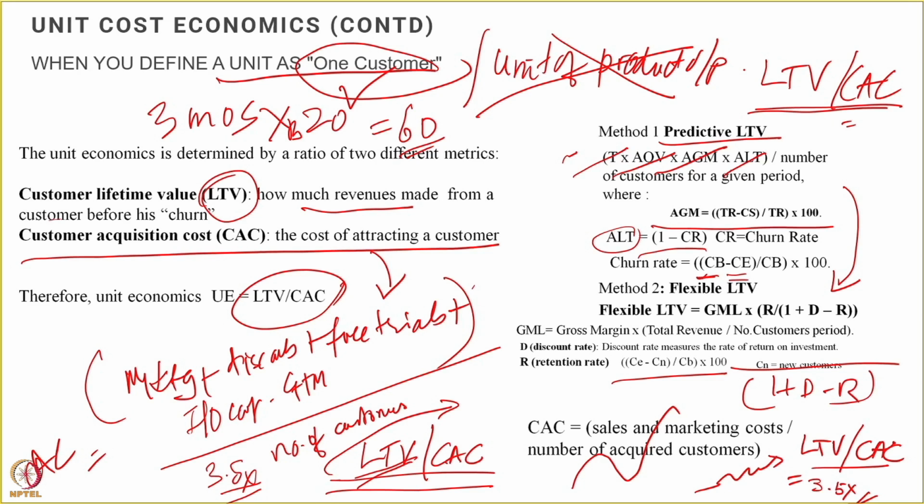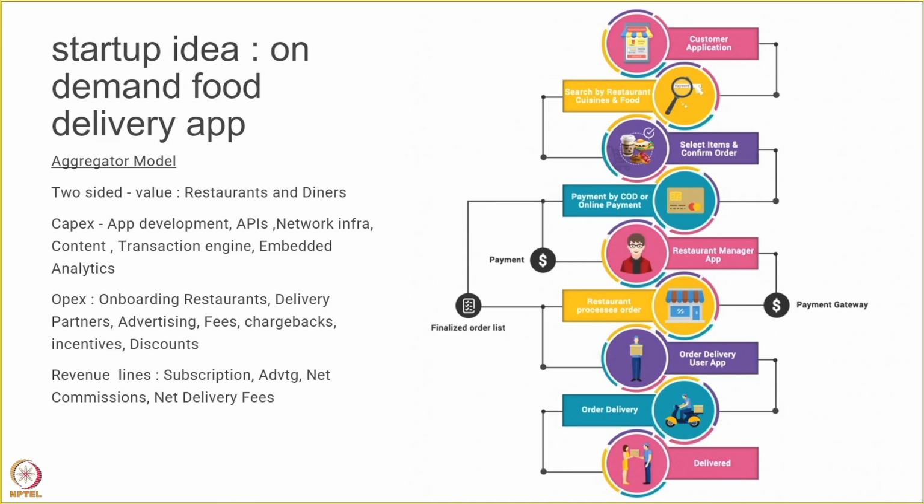If it is going negative, in the sense if it's going down, then there is a need for us to analyze what is causing the fall in the profitability in the firm. We shall take an example to actually demonstrate how unit cost economics works.